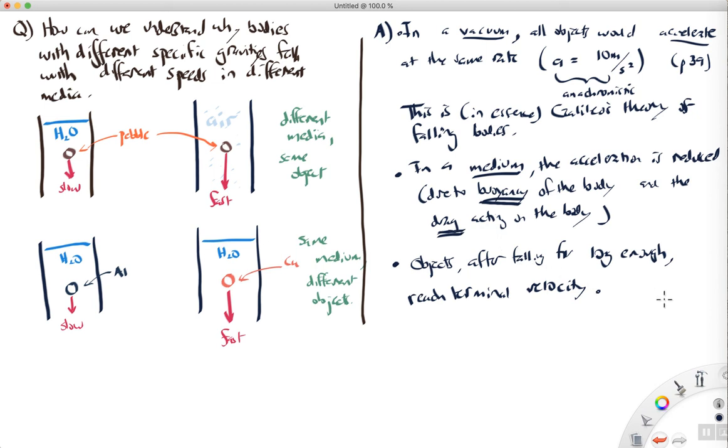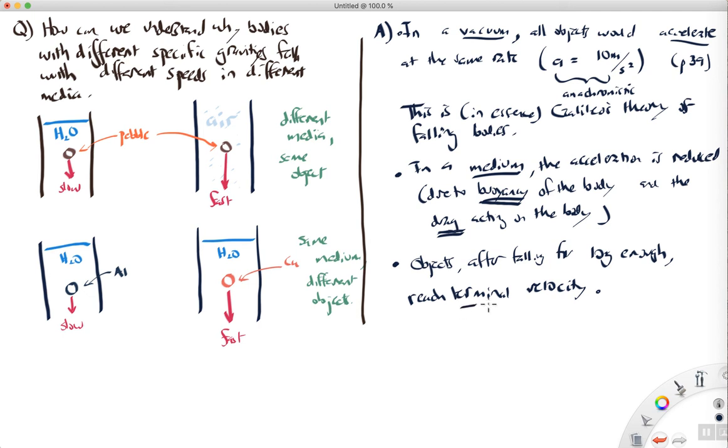So whereas at first it feels an acceleration of 10 meters per second every second, as it continues to fall, its speed increases, the drag is going to increase, and the acceleration is going to get smaller and smaller until finally the acceleration approaches zero, at which point the velocity no longer changes.